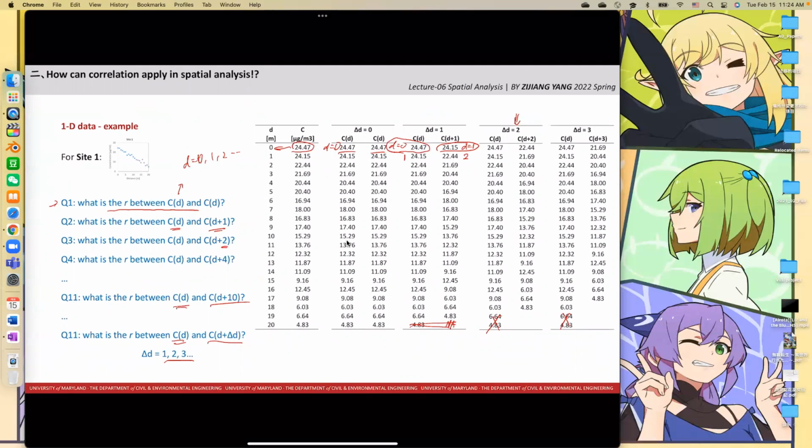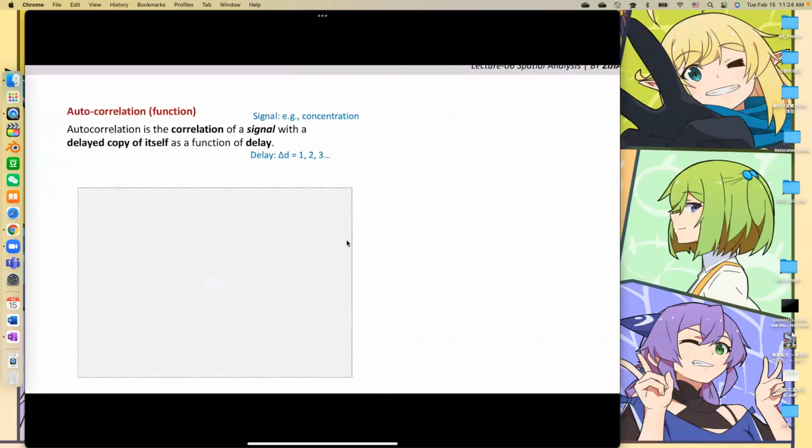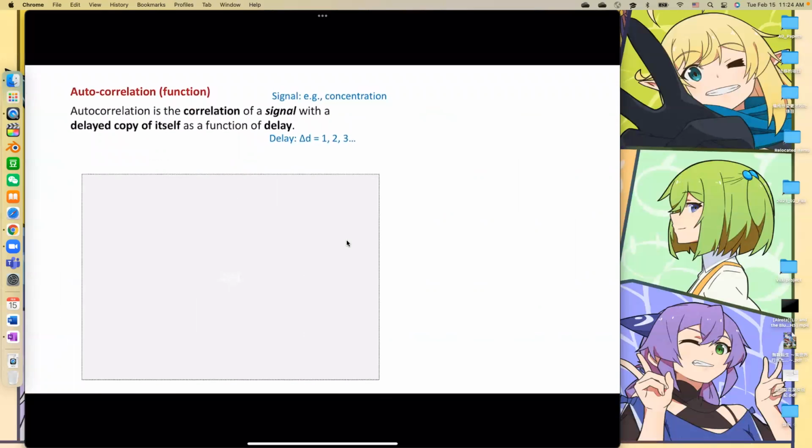But before we do the calculation, I would like to introduce a concept called autocorrelation, or the autocorrelation function. I was trying to find intuitive pictures from the internet, but I didn't find any, so I just leave it here. I guess this concept is a little bit abstract for many people.